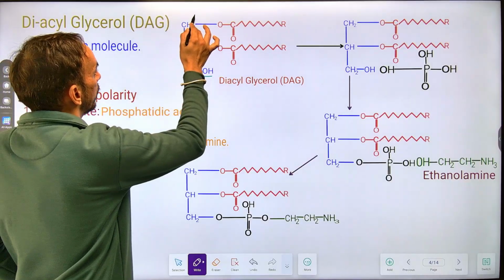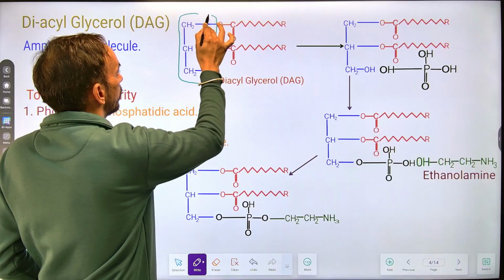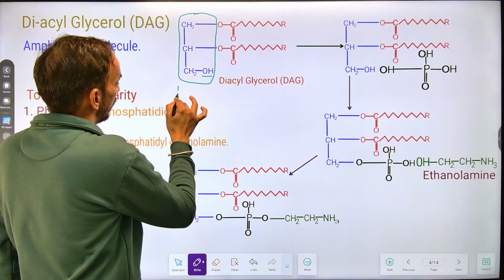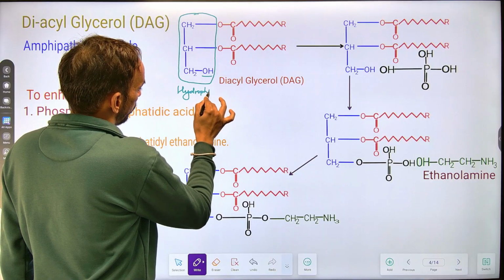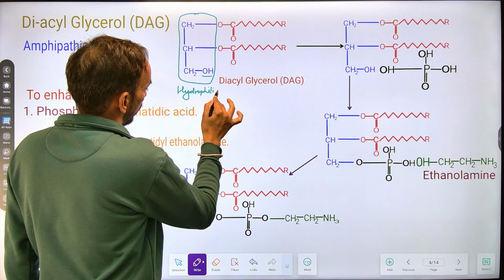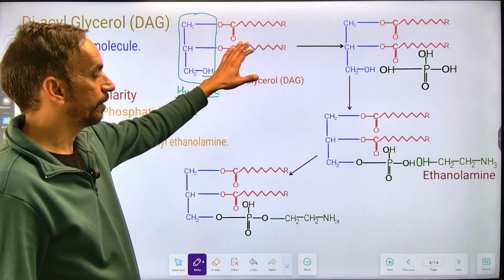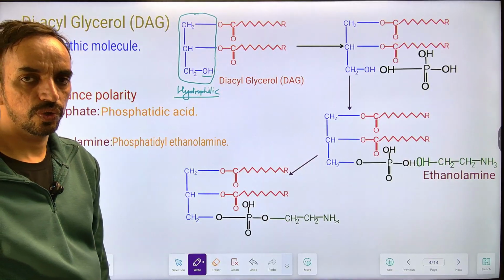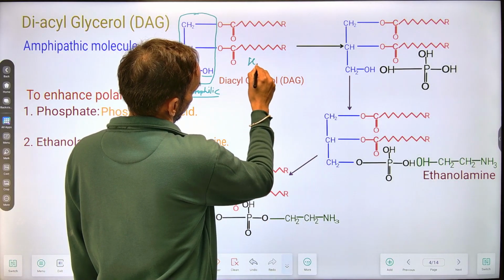Now this part which has the hydroxyl group is called the hydrophilic or polar group. While the diacyl glycerol also has two fatty acid chains which are hydrophobic.